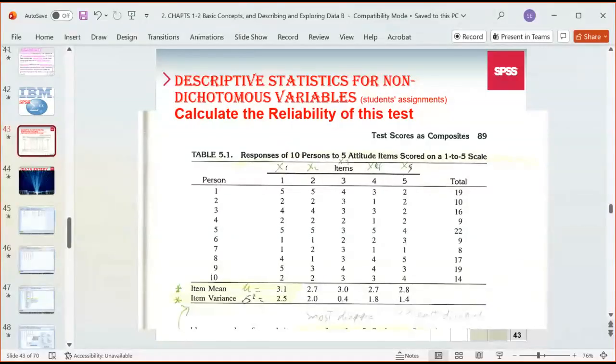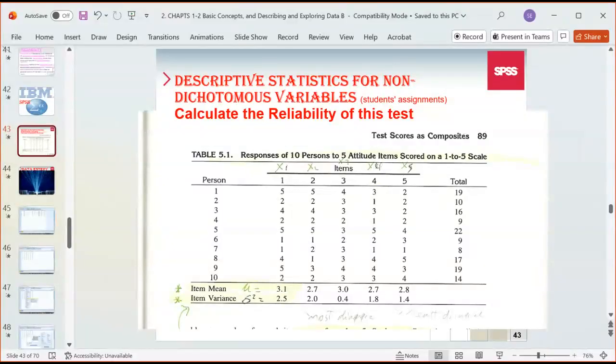Now, again, we can do this at very large scale. We can have hundreds, even thousands of people, and hundreds, even thousands of items or questions. At the bottom it says item mean. It gives you the mean for each question, and most important, item variance. Those numbers, 2.5, 2.4, 1.8.